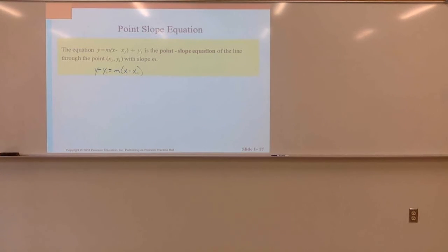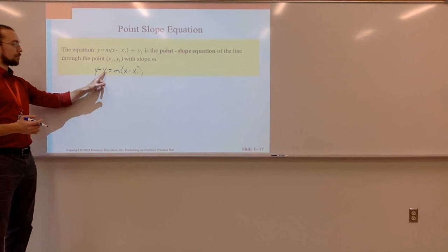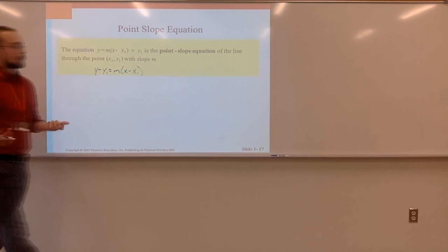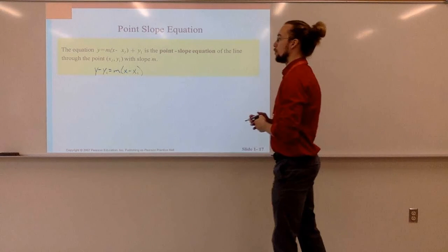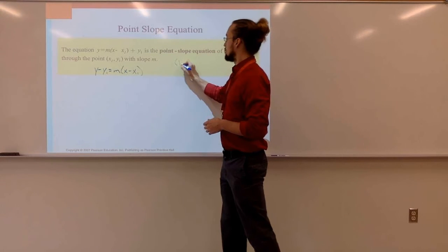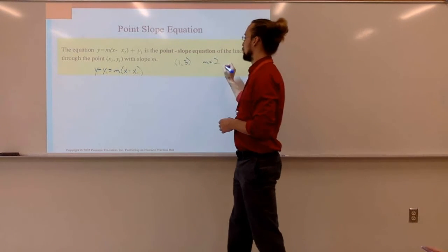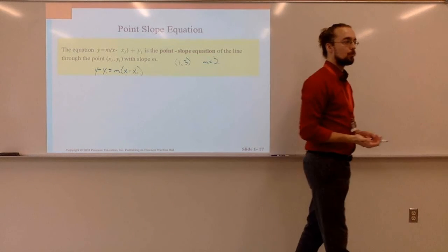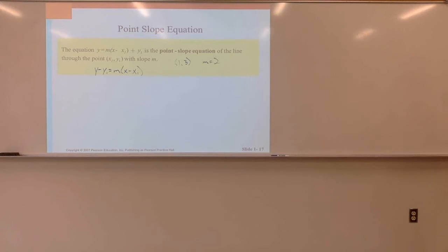And it takes less writing. And on the AP exam, they will accept lines in this form. You don't have to simplify it to slope-intercept. As we do some examples, it'll make more sense why that's advantageous. Right? So y minus y1 equals m times x minus x1. And so we can write equations of lines, given certain pieces of information. So for example, if I give you the point 1, 3, and the slope of 2, how would I use this information to write the equation of the line that goes through 1, 3, and has a slope of 2?